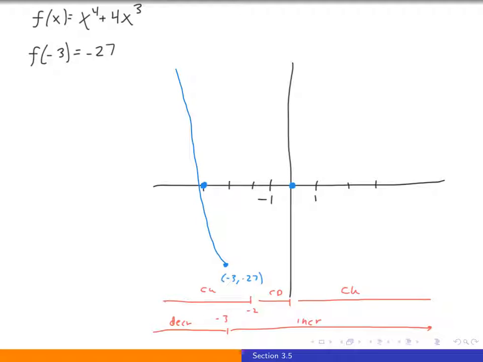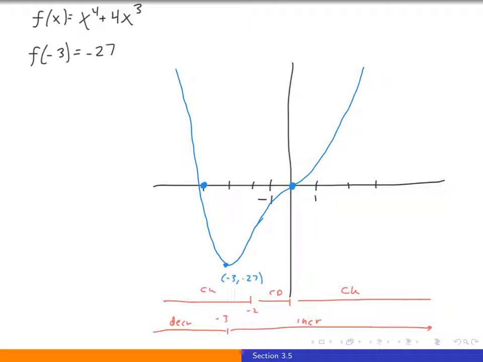So concave up and increasing, and right at minus 2, we switch from concave up to concave down. We are concave down until we get to this x-intercept at 0, 0, and we continue to increase, and we are now concave up.